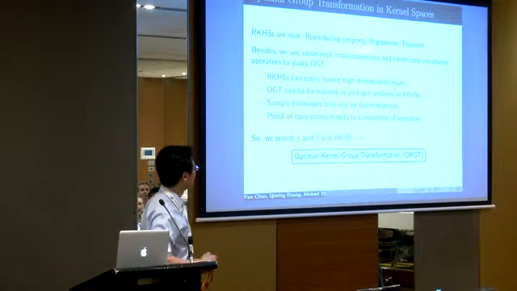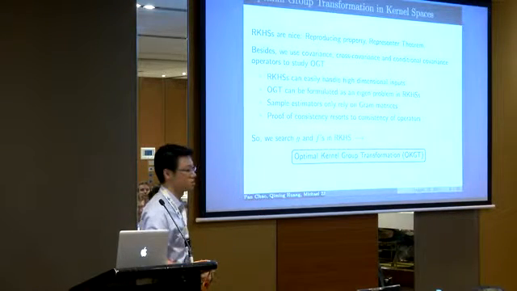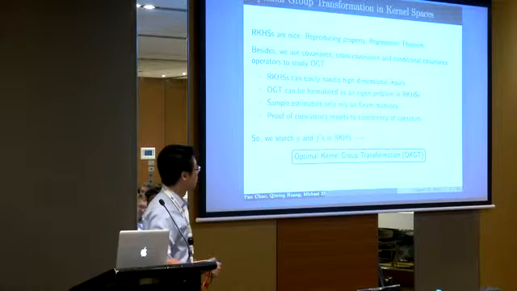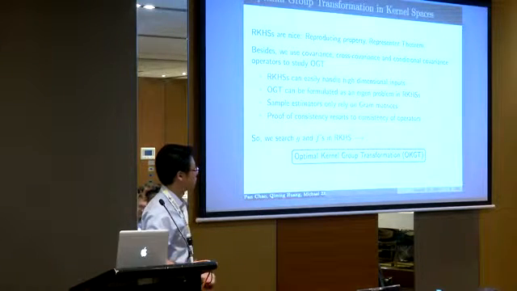Another good property of kernel spaces is that, since we are transforming a group of variables at the same time, we are dealing with high-dimensional functions, and kernels can easily accommodate high-dimensional structures.